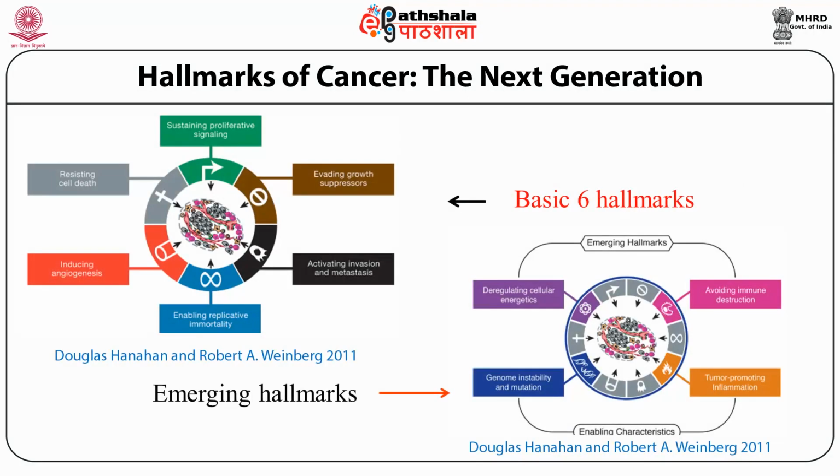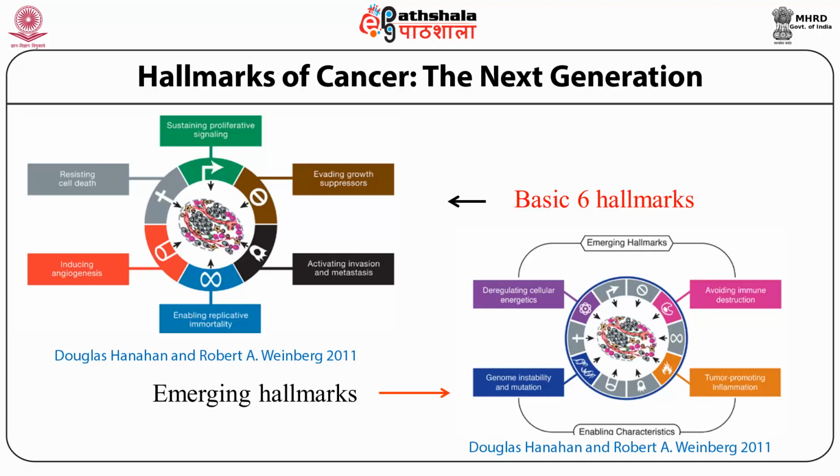The next generation hallmark, besides including the basic 6 hallmarks, include more emerging hallmarks. And the 2 hallmarks which are important in this regard are 1, reprogramming the cellular metabolism, and the other is the property by which the cancer cells evade the immunological destruction.